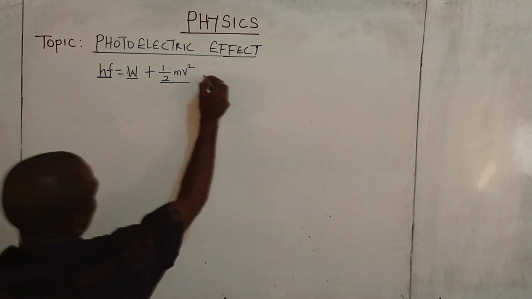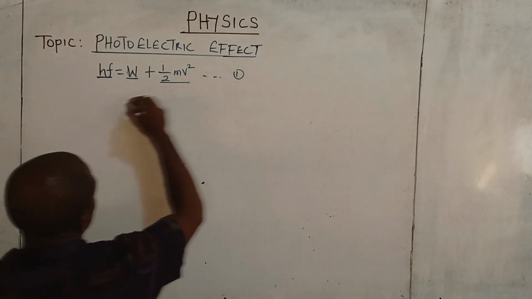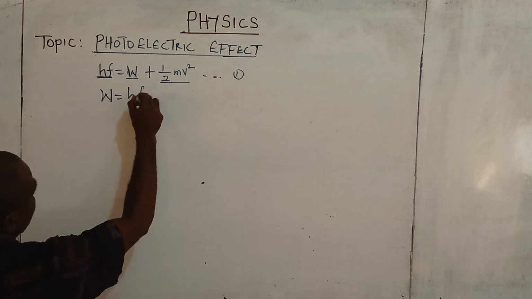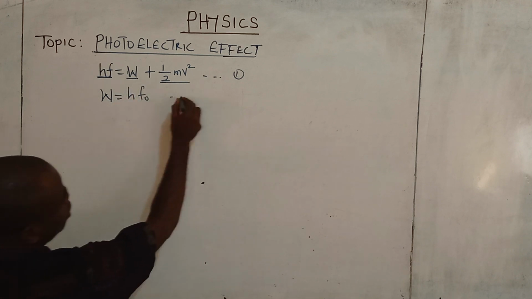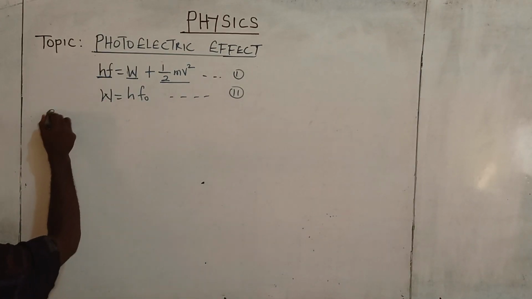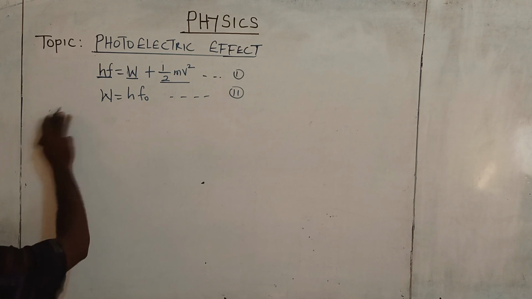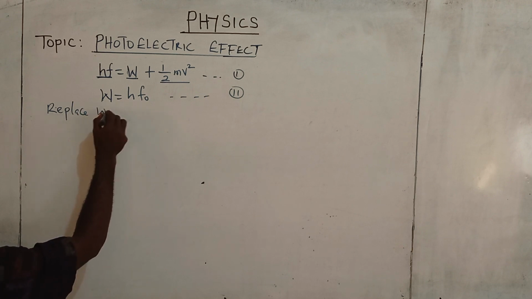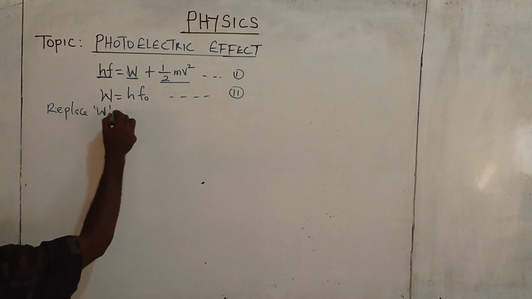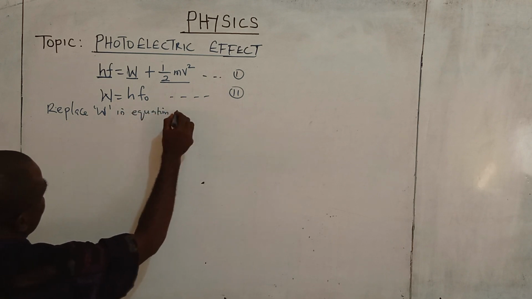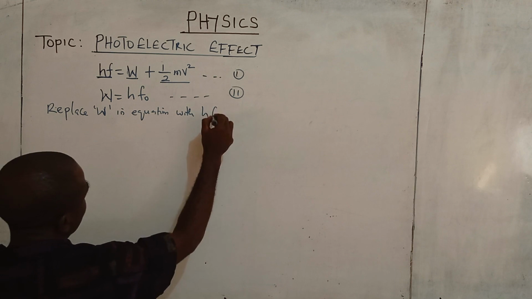Since you know this is equation 1, you know that the work function is equal to Planck's constant multiplied by threshold frequency. Equation 2. Now replace W in equation 1 with hf naught.